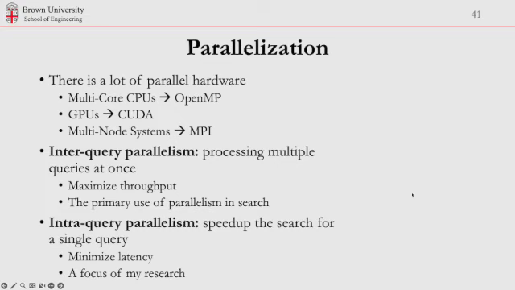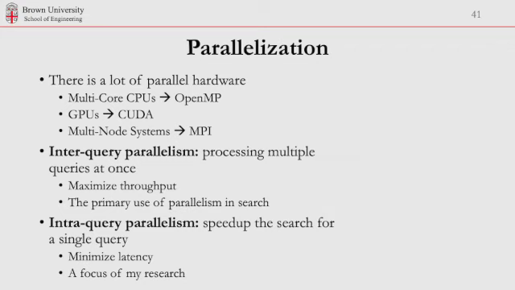Finally, parallelization is another interesting part of similarity search. There's a lot of parallel hardware out there: multi-core CPUs, GPUs, and multi-node systems that you can coordinate with message passing interface, MPI.